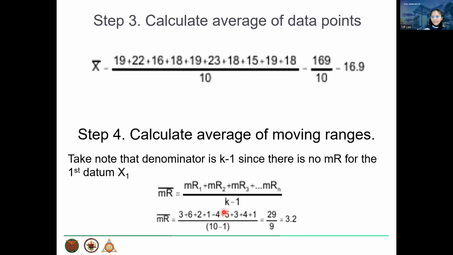So kaya, to get the average of moving ranges, you'll just get the sum and then over k minus 1, number of data points minus 1. So since we have 10, so 10 minus 1 is 9. Klaro? And this is the average of moving ranges. Gets?